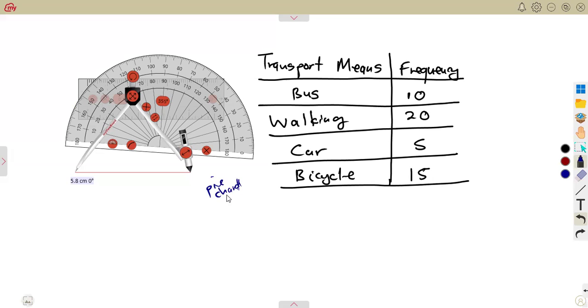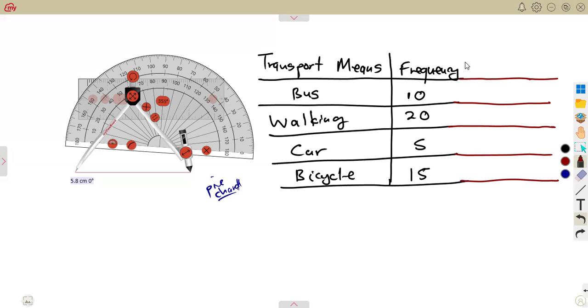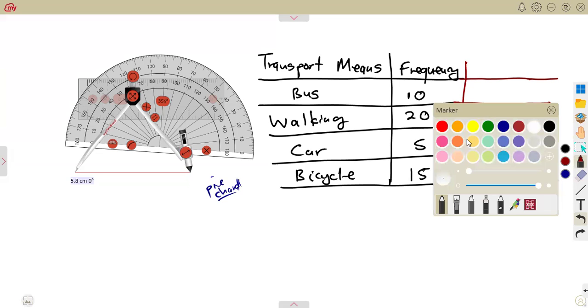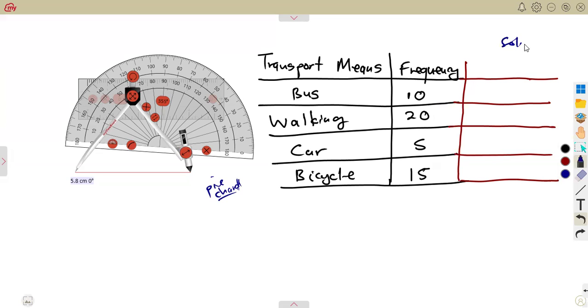This is an adjustment that you can make to your table to indicate what is important here, which is the angle of the sector. We did not have this before, but we are going to have it now as part of our solution. You are going to need the angle of the sector, the angle at the center of each sector. How do you calculate that?